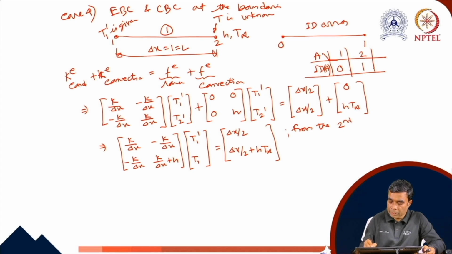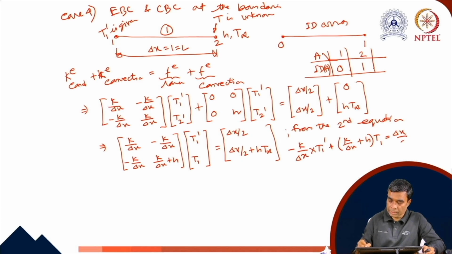From the second equation, we get minus K by delta X into T11 plus K by delta X plus H into T1 equals delta X by 2 plus H T infinity.